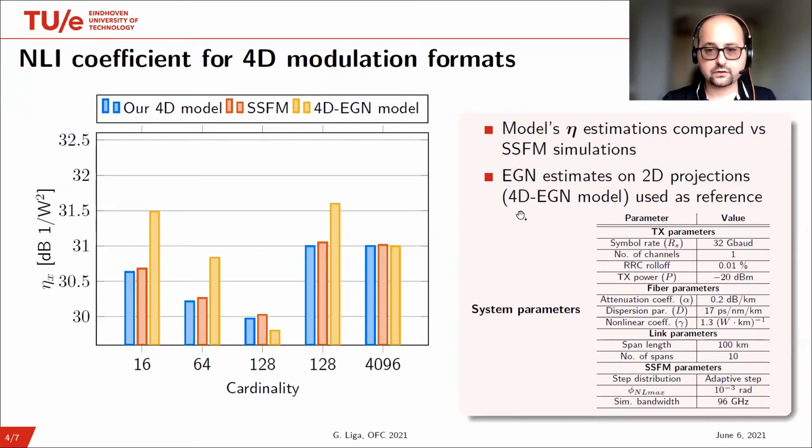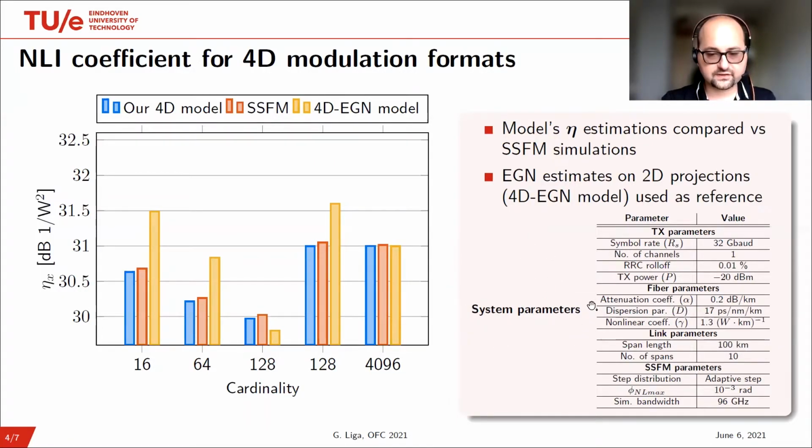Then we also used, as a reference for the accuracy of our model, a heuristic extension of the EGN model that attempts to predict the NLI also for general DP4D formats by replacing the constituent 2D constellation moments with the two projections of the 4D constellations that we want to analyze.